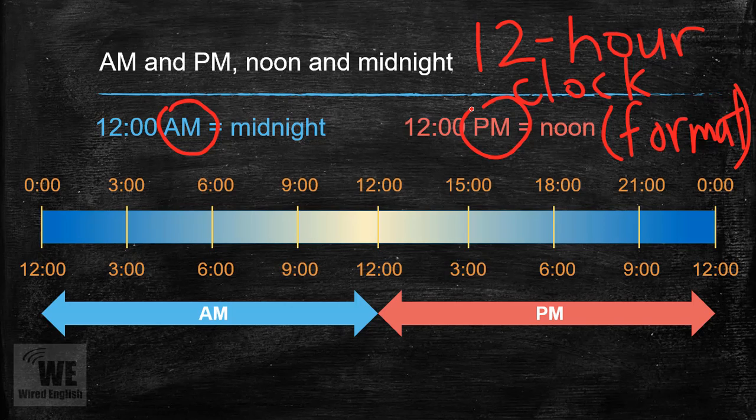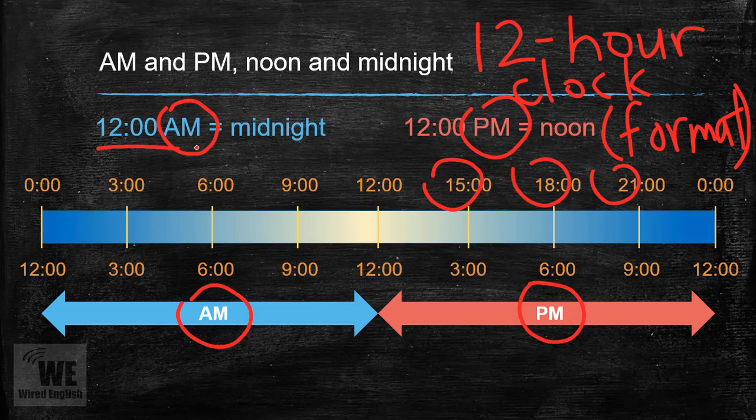In many other countries, they use the 24-hour clock format, which means you'll see numbers like 15, 18, and 21 when it's past noon. However, in America, we like to use AM and PM.